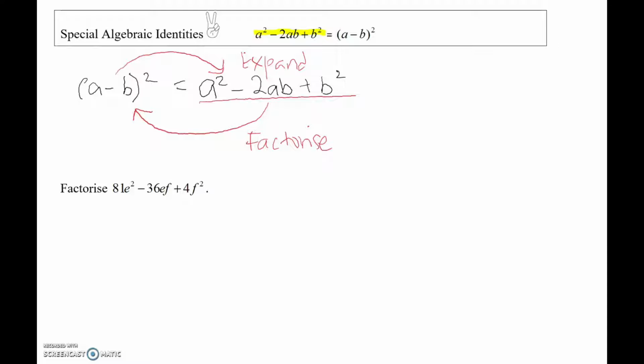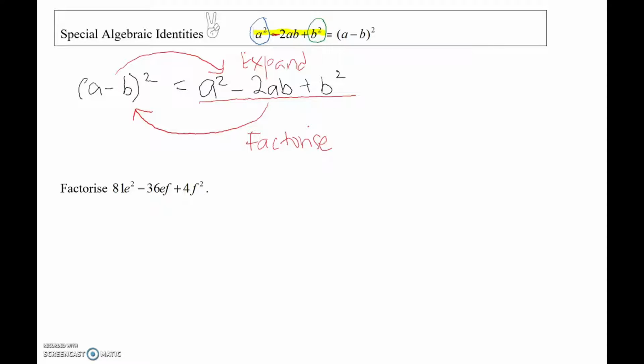Let us analyze the expression a square minus 2ab plus b square even further. We realize that the first term, a square, and the last term, b square, are perfect squares. We also notice that the operation between the first and the second term is minus.